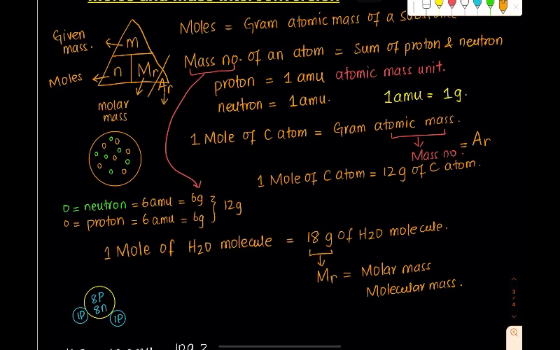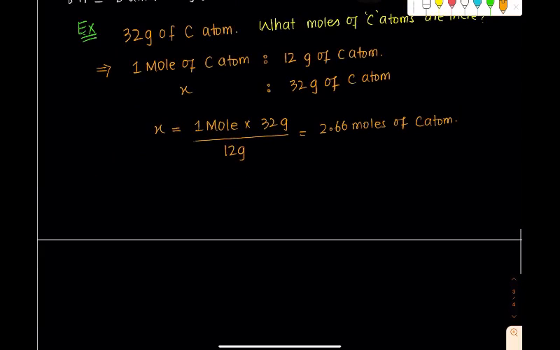And this AR is the atomic mass. So here we can use molar mass or atomic mass according to the substance provided to us. If they talk about the molecules, then we will be using MR here in the triangle. And if they talk about the atoms, then we are going to use the atomic mass, which is AR, in place of MR. So here we are talking about the atoms.